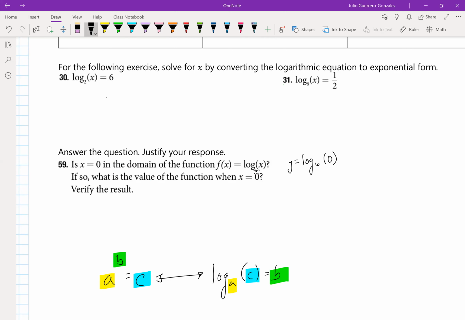The c would not be the 6. The c would be the x in this case. Wait, what? Oh, okay, it makes sense. This is the side that we got.